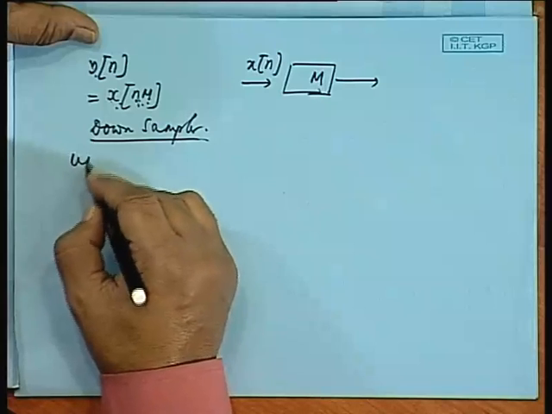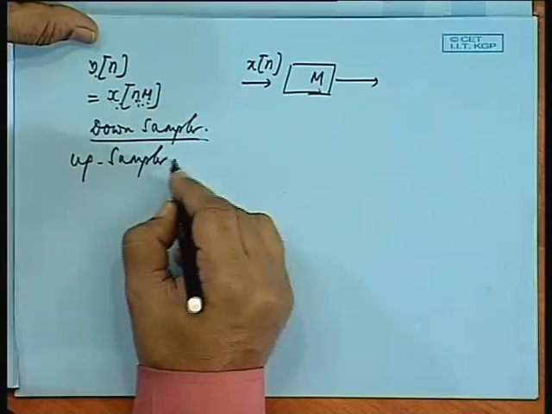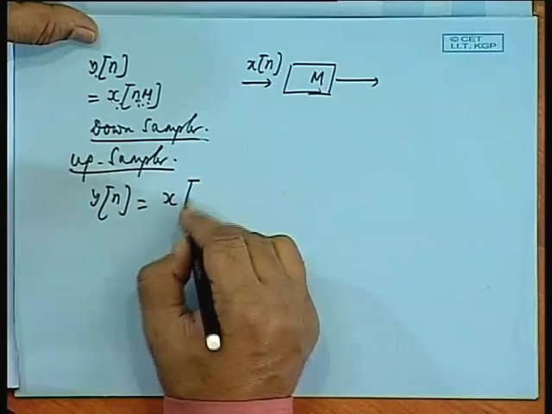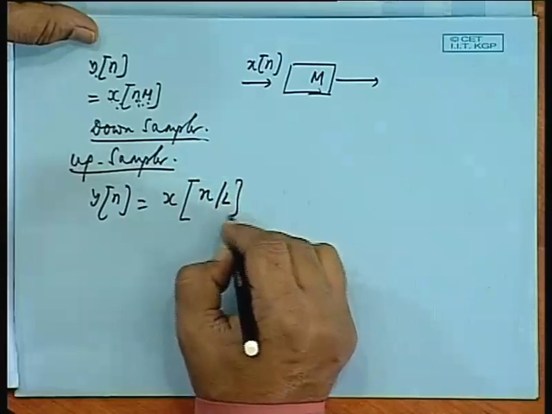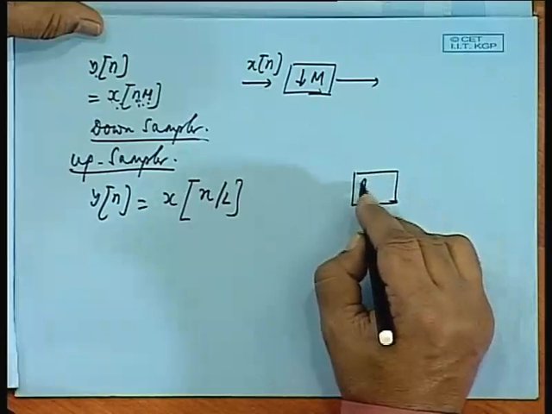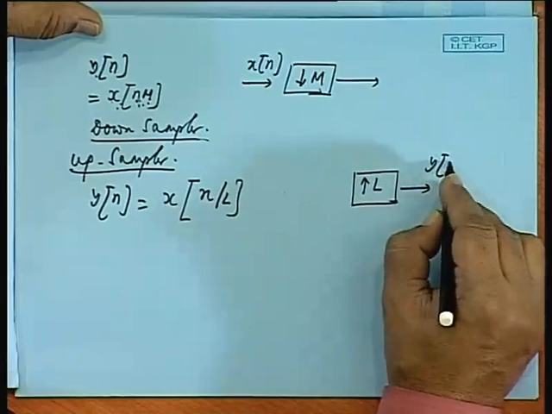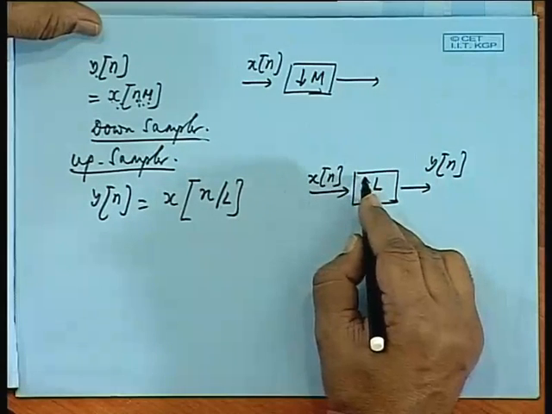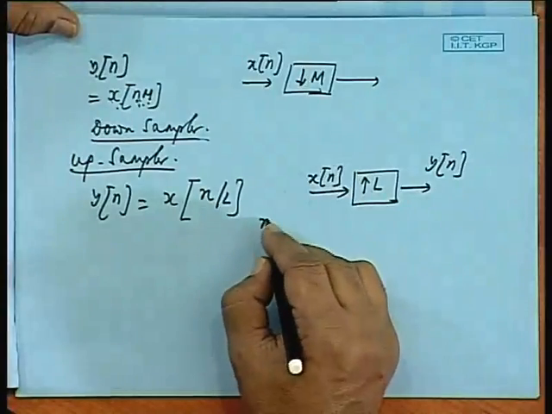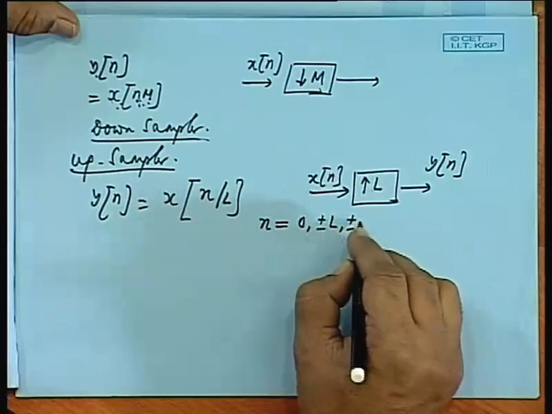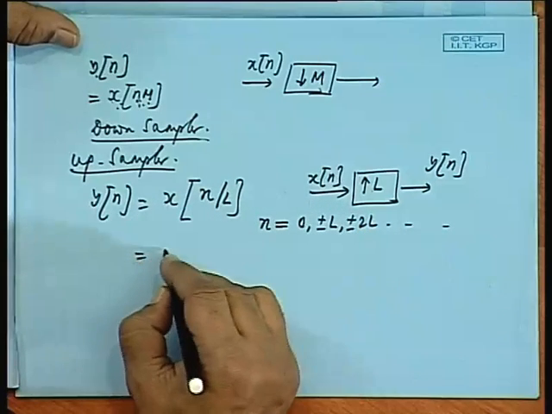In case of an upsampler, y[n] will be x[n/L], where this symbol is the symbol for the upsampler, x[n] is the input, that is you are increasing the sampling rate. y[n] is equal to x[n/L], where n is equal to 0, plus minus L, plus minus 2L and so on, and is equal to 0 otherwise.